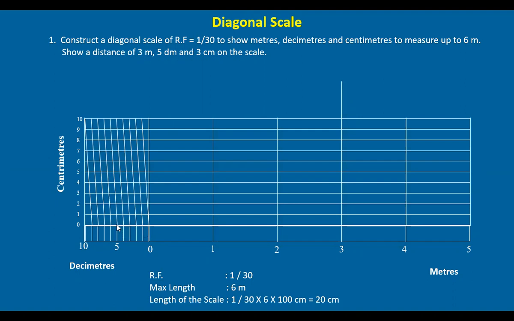And from this, if you follow up to the third one here, this point gives 3 centimeters. If you draw a vertical line and mark it, that small distance is 3 centimeters. So we have drawn extension lines and shown the dimensioning line. This is 3.53, or 3 meters, 5 decimeters and 3 centimeters. So this is the diagonal scale we will be applying. The principle is applied like this.